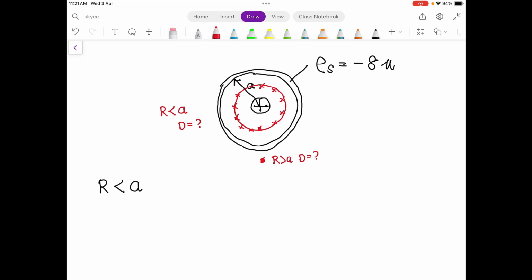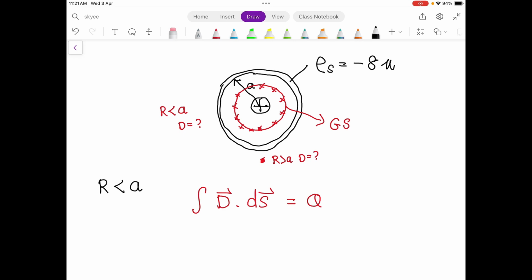What is Gauss's law? Gauss's law says that the total flux coming out of the Gaussian surface equals the total charge enclosed by the Gaussian surface. So this is your Gaussian surface.